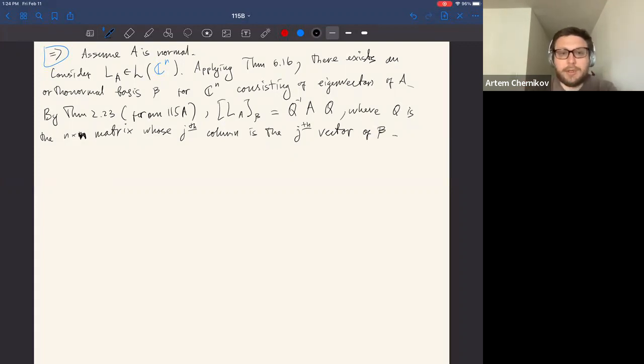So we have that A is similar to a matrix of this form.